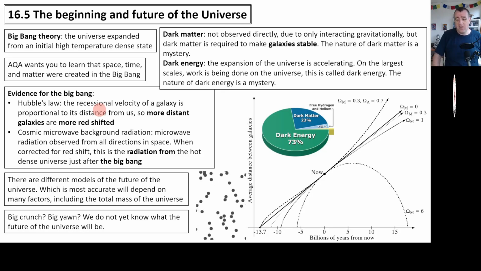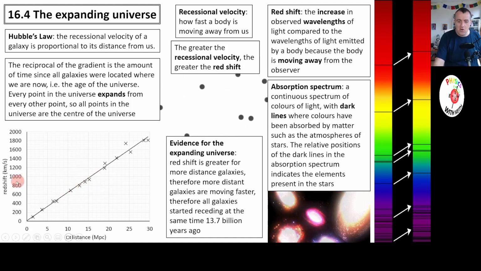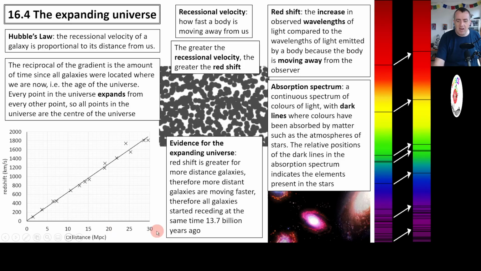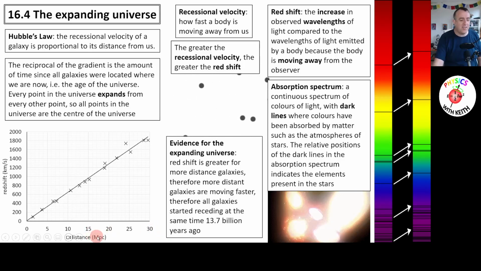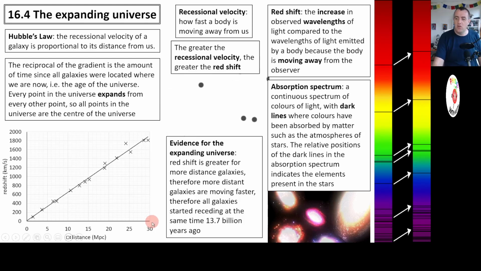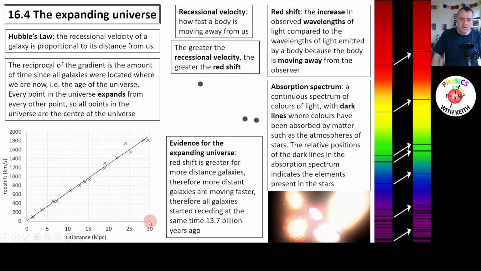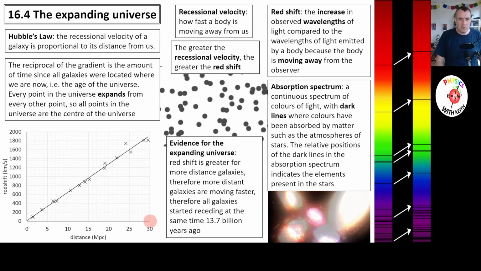Now, it turns out that this graph, I'm going to go back one slide, this graph isn't quite right. It's only right nearby. 30 million parsecs, 30 megaparsecs, doesn't sound very nearby. If you open up a converter and convert 30 million parsecs into metres, you'll see what I mean.